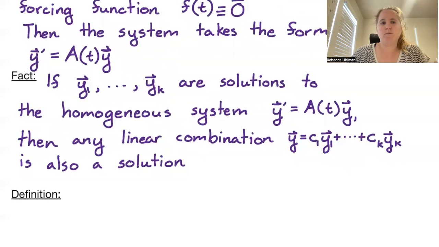Again, we can just plug this in and see that it happens. You can distribute the multiplication by the matrix to each individual term and pull out the scalars, and we are left with just zero.